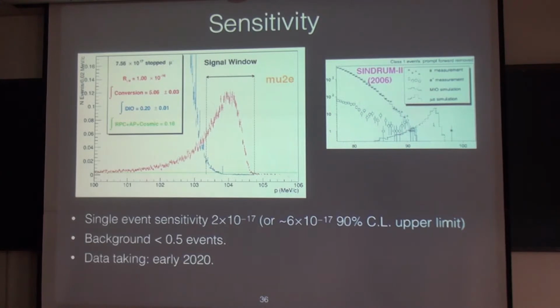So you want to integrate this area to get your number of events. And this is our signal window, and the background in this window is estimated to be less than half an event. And so we expect that our upper limit will be around 6 times 10 to the minus 17. We will be taking data in the early 2020s.